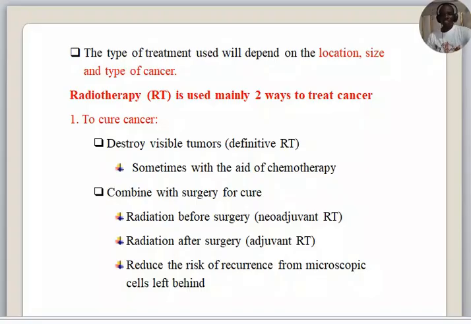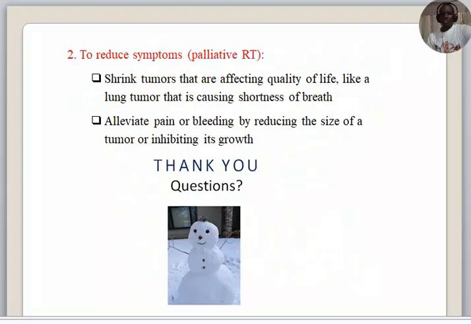For adjuvant radiotherapy, immediately after the surgery has removed the cancerous cells, we do the radiation. This reduces the risk of recurrence from microscopic cells that might have been left behind, to avoid metastasis.